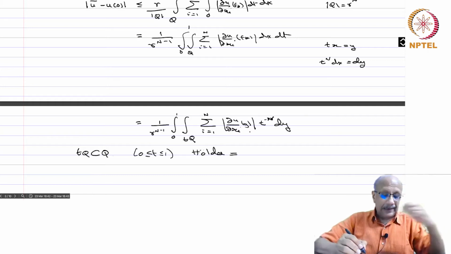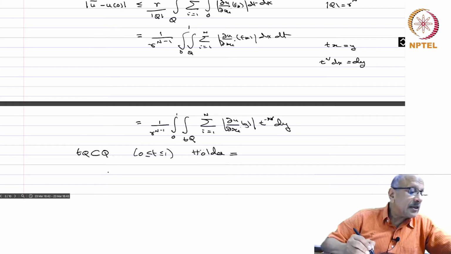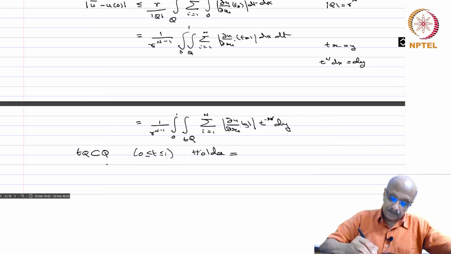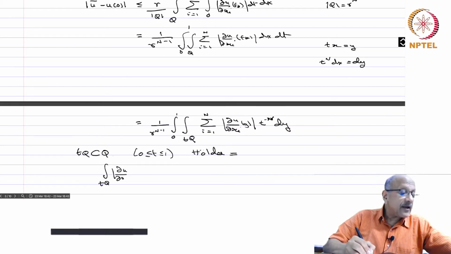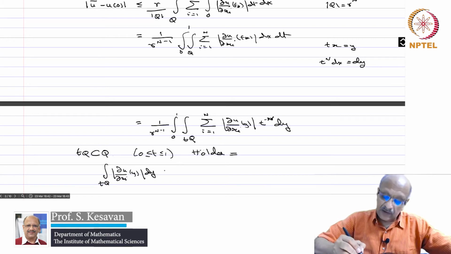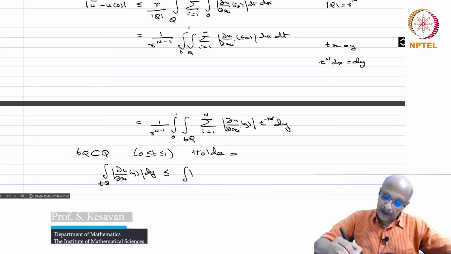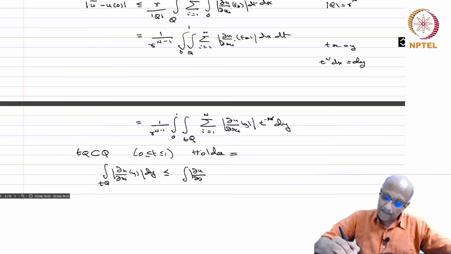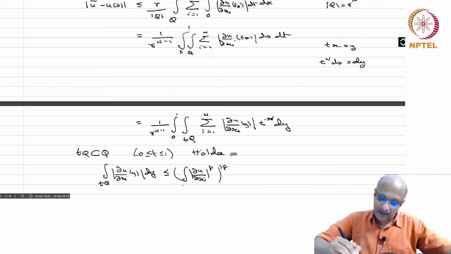So in the inner integral I will write that integral over tQ of mod du by dxi at y dy will be less than or equal to the integral of mod du by dxi power p, whole power 1 by p, over tQ.